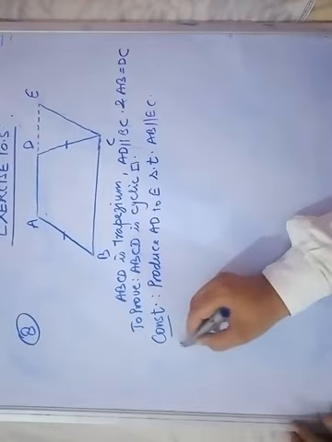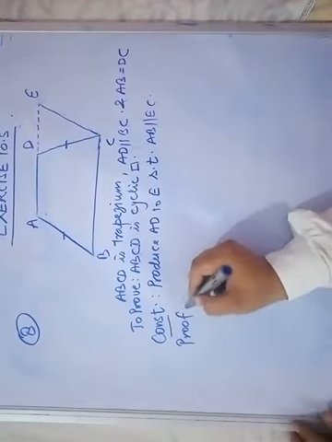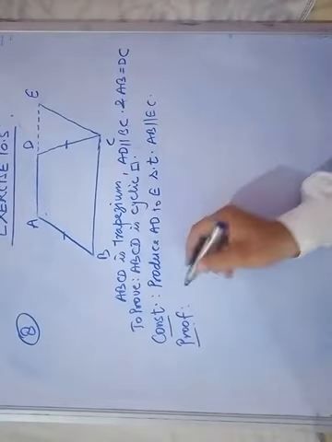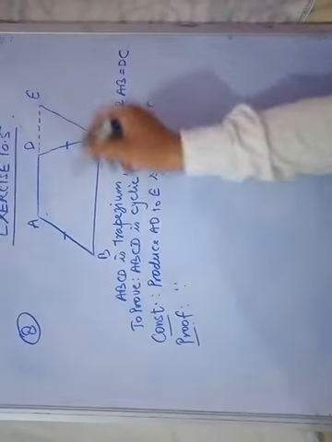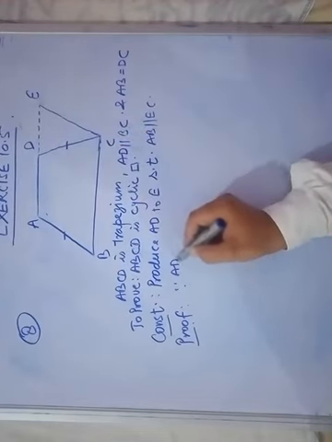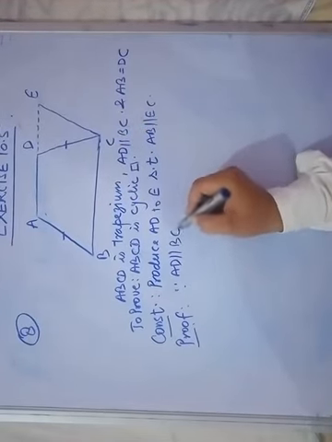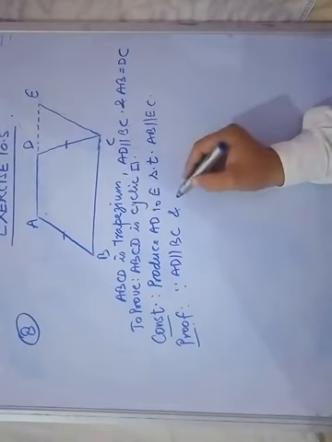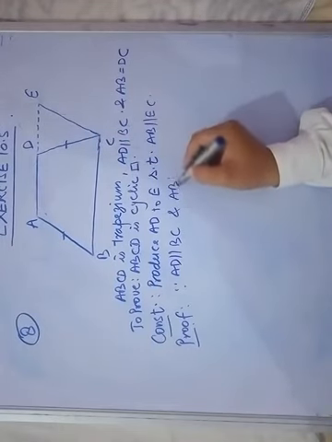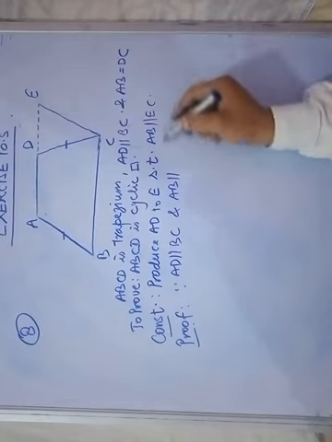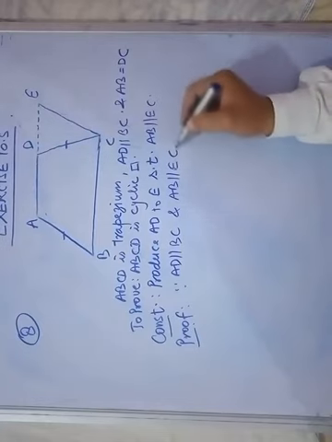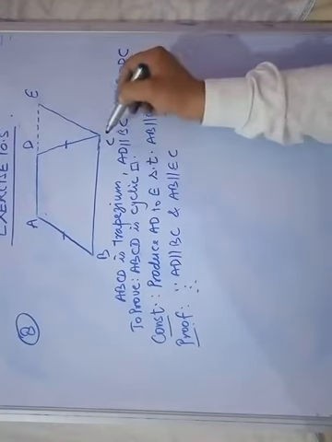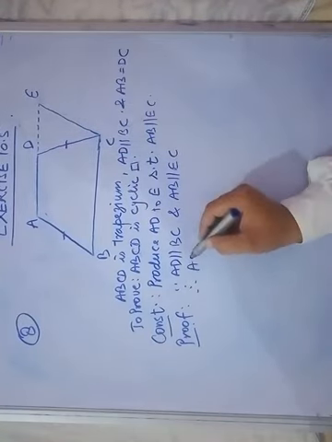Okay. Now proof of this question. Since AD is parallel to BC, given, and AB is parallel to EC by construction, therefore ABCE is a parallelogram.